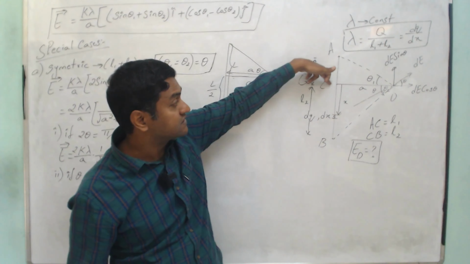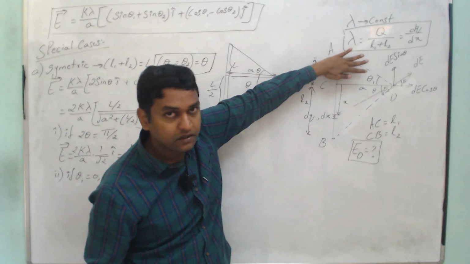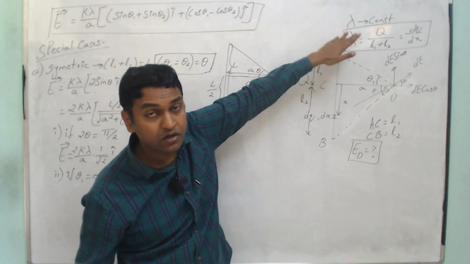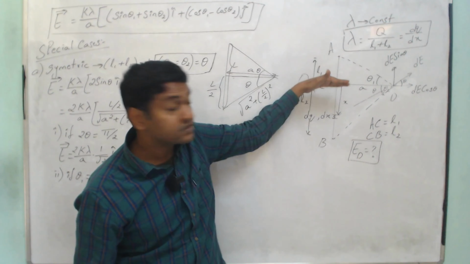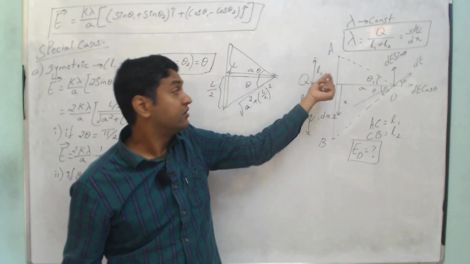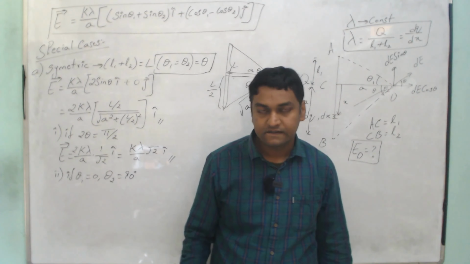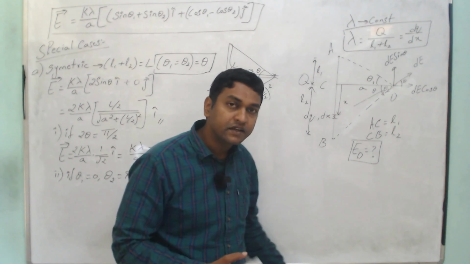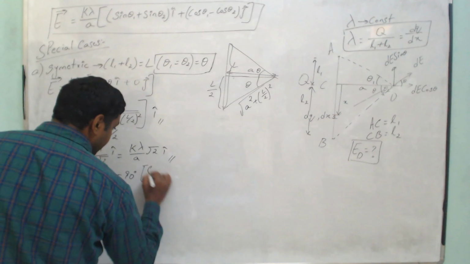Above point C I have no rod. Theta 1 is 0 means upper side I don't have any rod. And on the lower side, how much rod do I have? From point C to infinity. Because this is infinite only on one side, this is also called a semi-infinite wire.